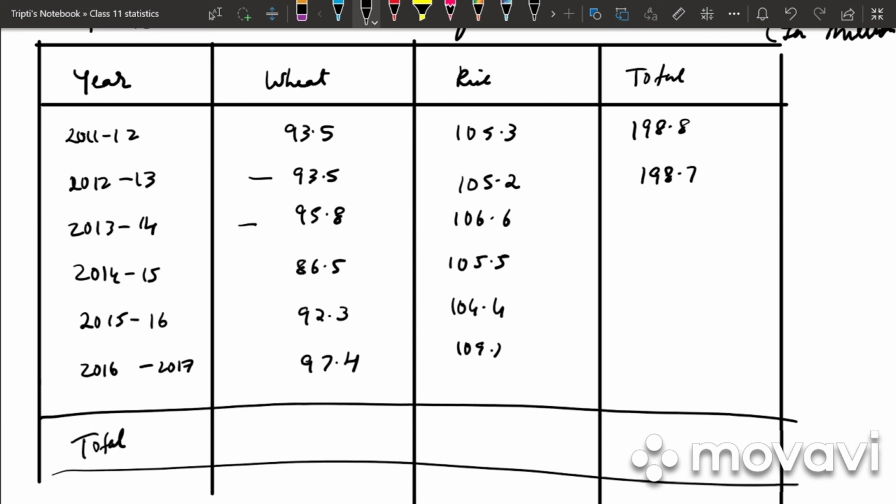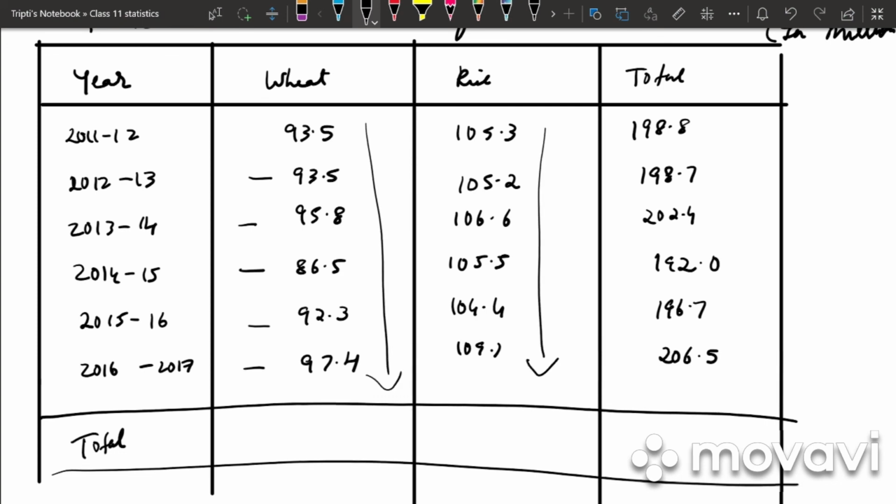Then 95.8 plus 106.6, 202.4. 86.5 plus 105.5, 192. 92.3 plus 104.4, 196.7. 97.4 plus 109.1, 206.5. Then we'll be totaling the wheat column, rice column and the total column.